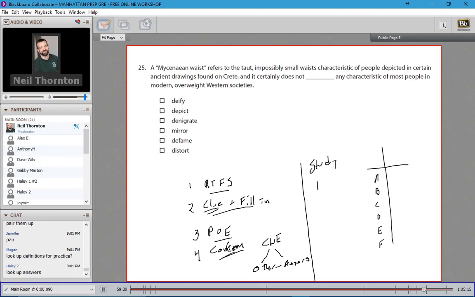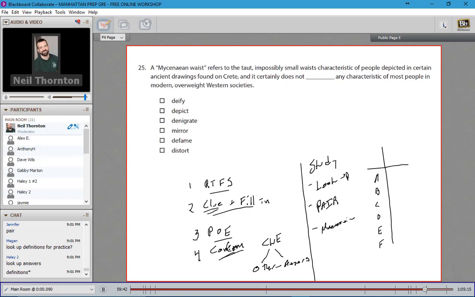Maybe before I pair, we got to look up the words, all right? Look up the words, pair up the words, as well as make mnemonic devices, make your flashcards, and look up your definitions, look at the words.